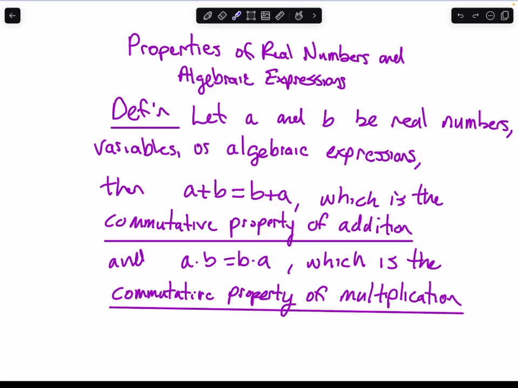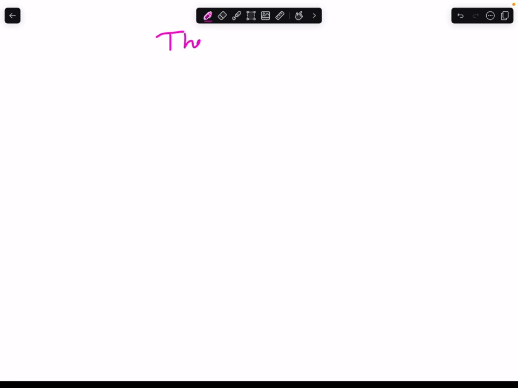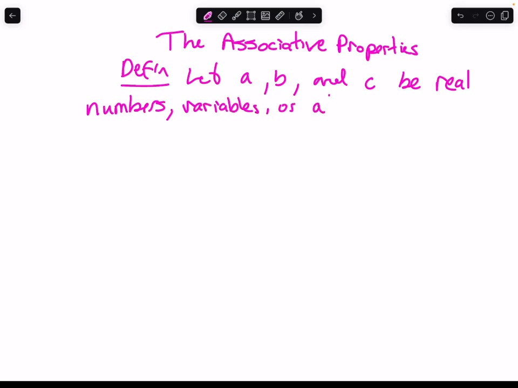Let's now add definitions for the associative properties. Definition: let A, B, and C be real numbers, variables, or algebraic expressions.